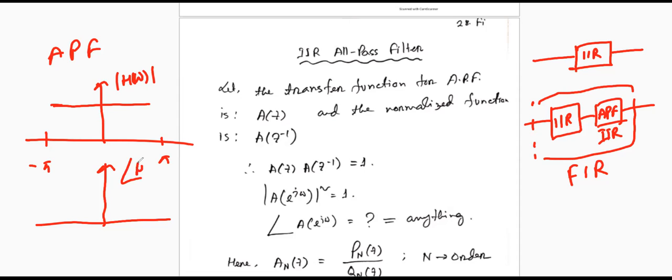And what about the phase of that? That is the important part, from -pi to +pi, or you can say 0 to pi, whatever the case. In that case, it can be anything. You can design your all-pass filter in such a way that we can make it a linear combination whenever it is cascaded with an IIR filter you have already designed.